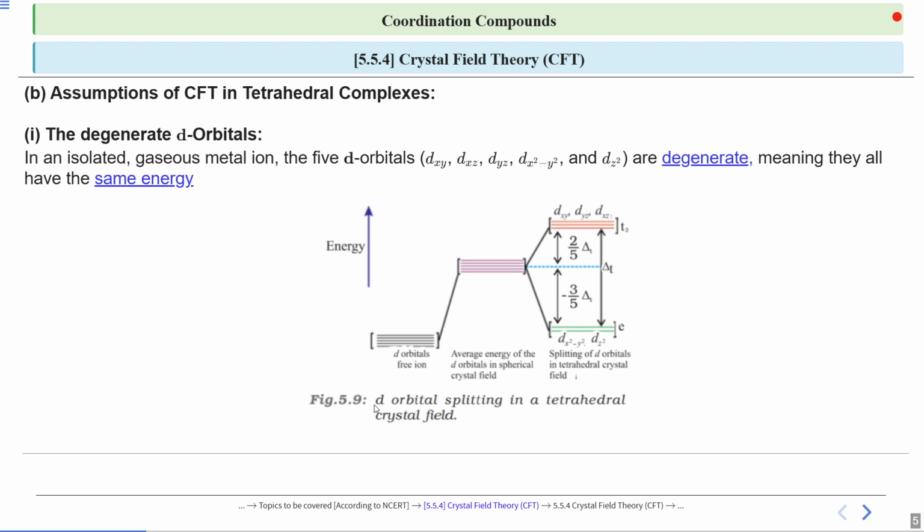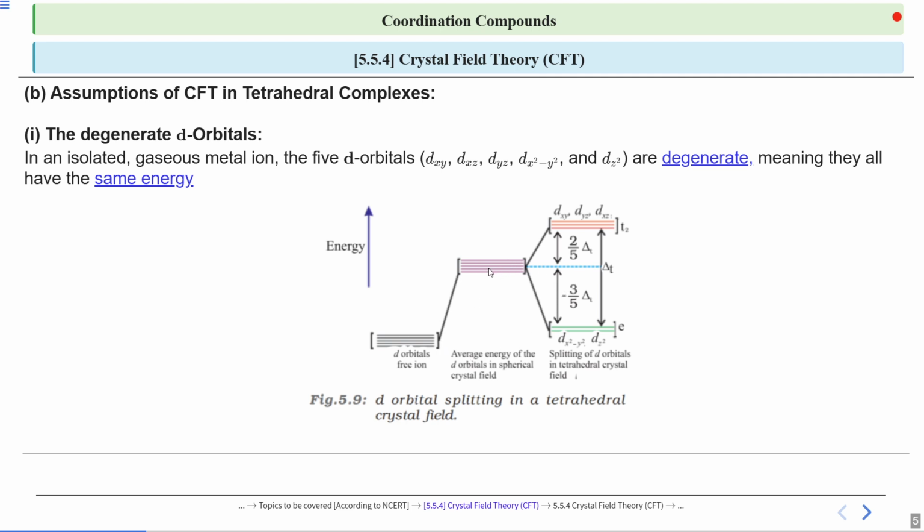You can see this figure 5.9, showing the d orbital splitting in a tetrahedral crystal field. We have these 5 d orbitals, dxy, dxz, dyz, dx square minus y square, and dz square, in a degenerate form in the free ion, the isolated gaseous metal ion, having the same energy.